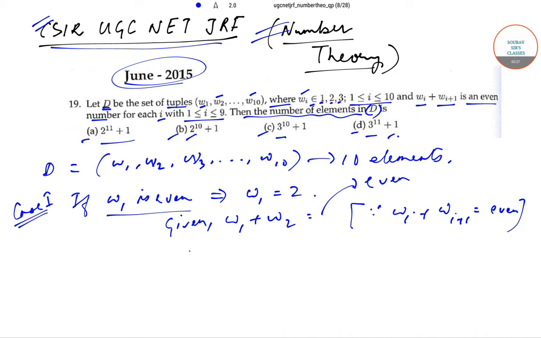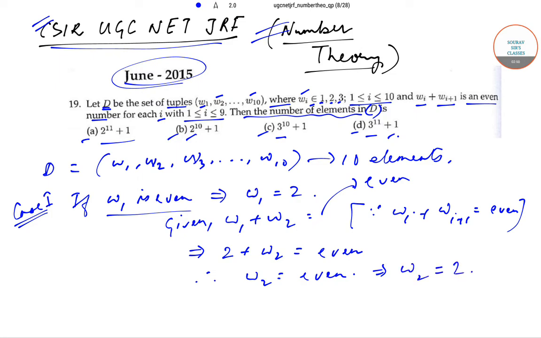We already have W1 equal to 2, and 2 plus W2 is some even number. So that implies that W2 is also an even number. Now W2 is an even number, so out of 1, 2, 3 it is only possible if W2 is equal to 2.